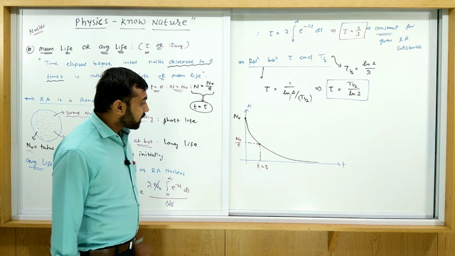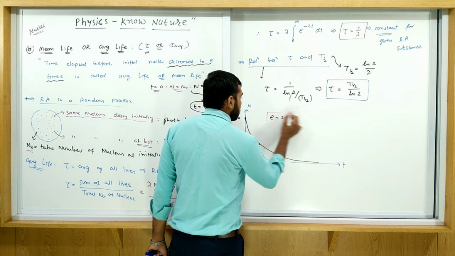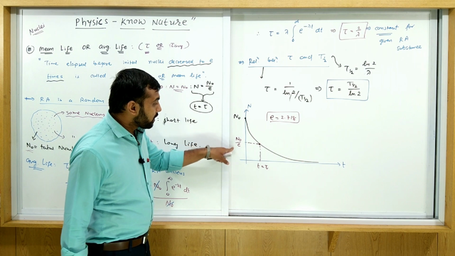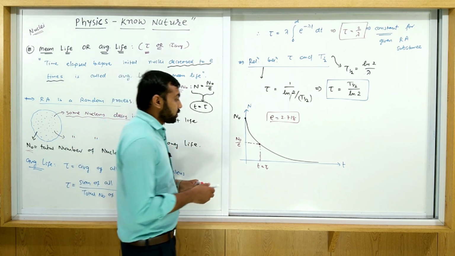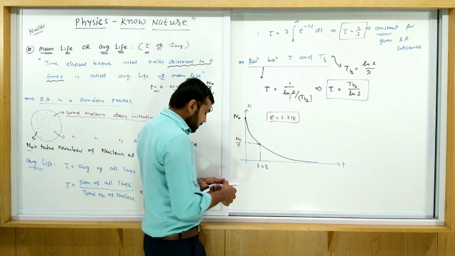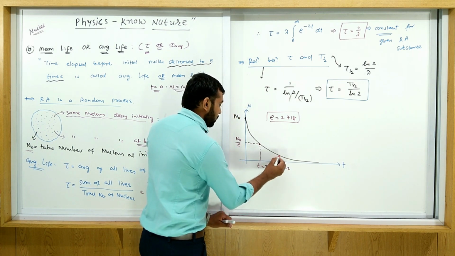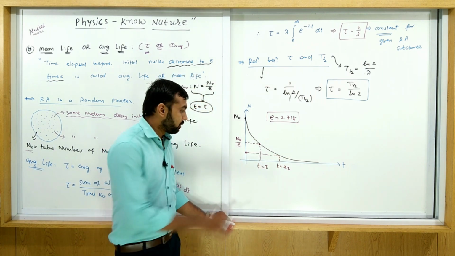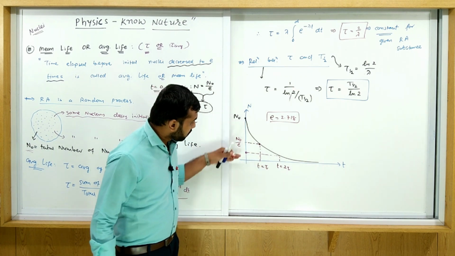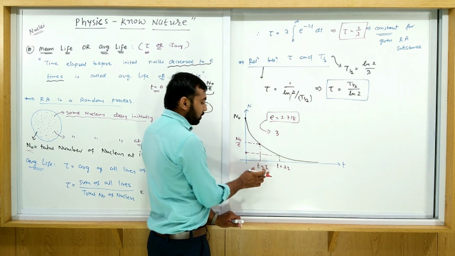You just consider E is equal to 2.718, so if you divide by this, then how many nuclei are remaining? n0 upon E. Similarly, suppose t is equal to 2 tau, then you just put the value of t is equal to 2 tau, so this many nuclei are remaining, and so on. As time passes, the number of nuclei decreases.